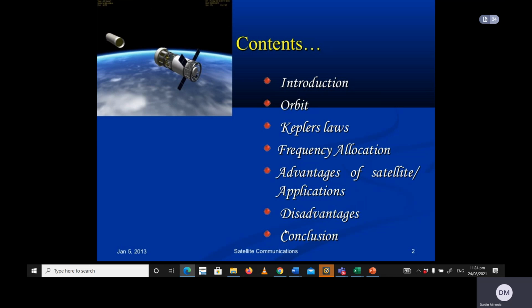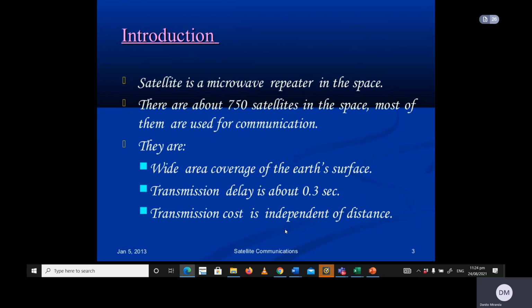He is the one who crafted and developed the theories, and the frequency allocated for satellites, advantages and disadvantages in its application. And finally, the conclusion.